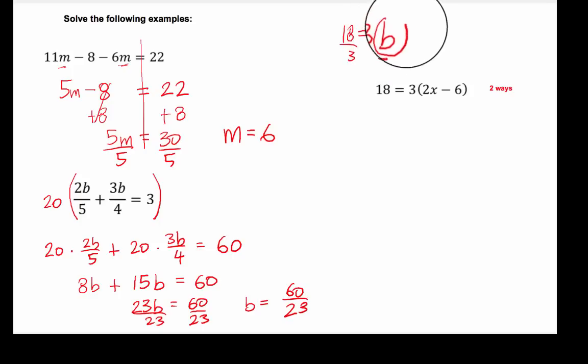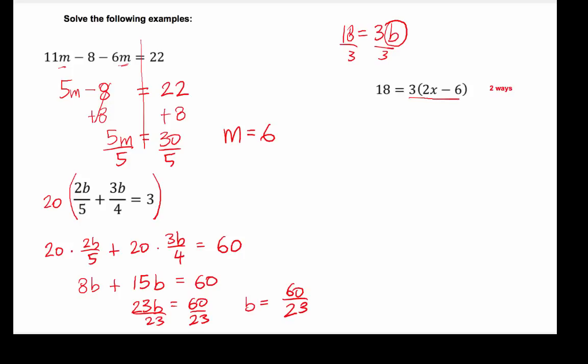This b is some quantity. Think of this parentheses here as b. It's in parentheses, and we refer to it as a quantity. It's an unknown quantity. So my equation is 18 equals 3 times some quantity.